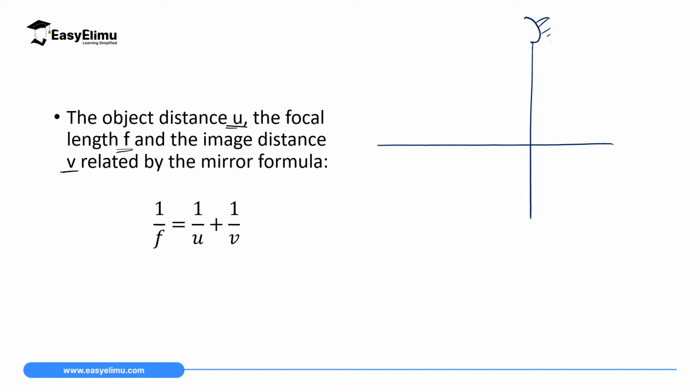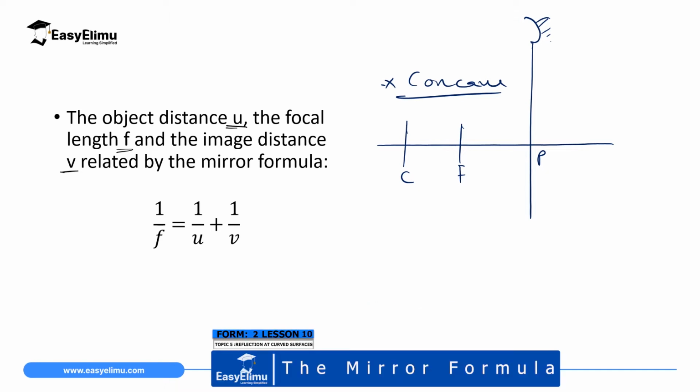Then we have a focal point in front, and the center of curvature in front of the mirror, where we have the pole. So this one is a concave mirror. Then for a convex mirror, we have a representation like this one here. This is a convex mirror.